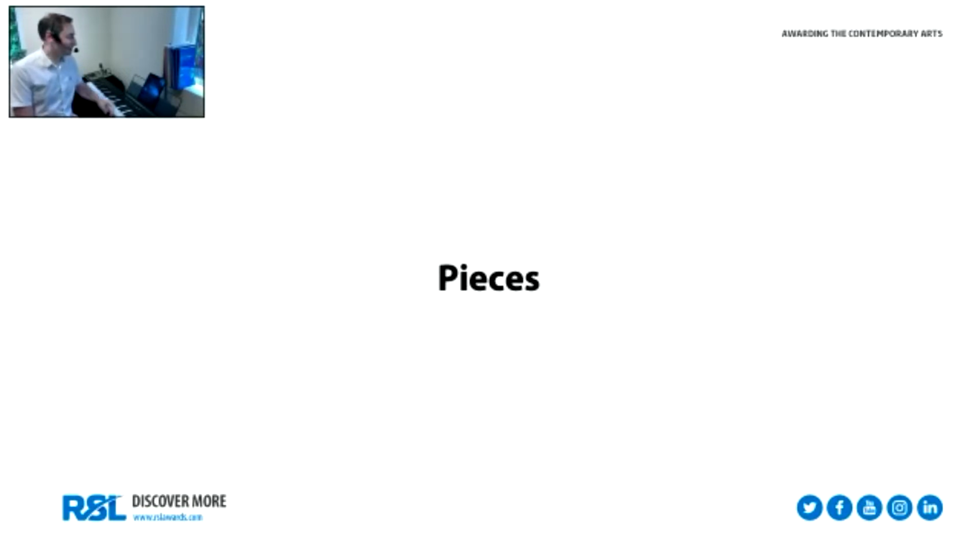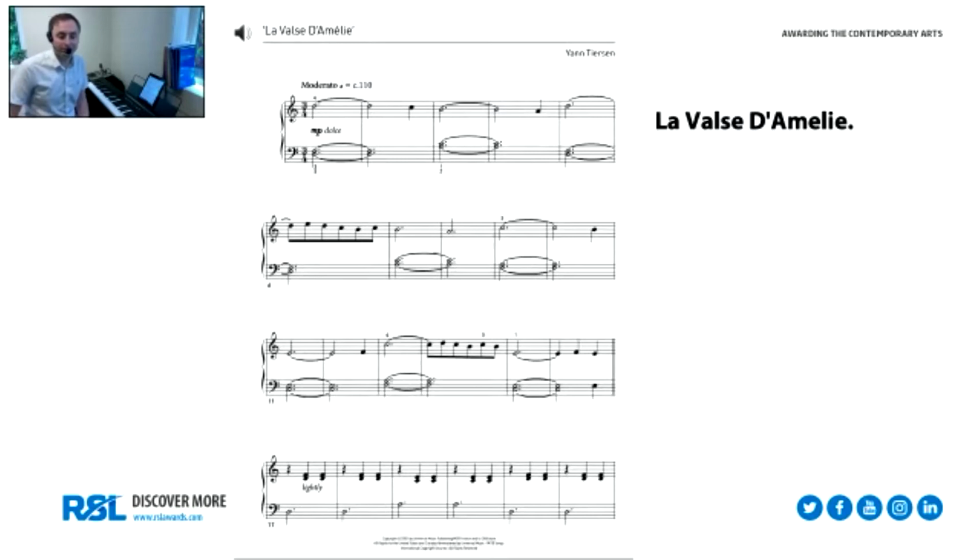Let's move on now to a piece, and I'm going to show you one of the debut pieces. I'm not sure if you've got with you the RSL Classical Piano sample packs, but if you have, this piece will be in the sample pack, and I'm going to play you just what you see on screen there.